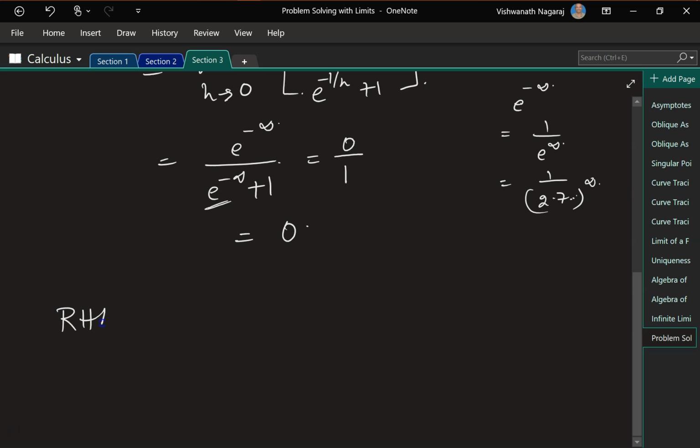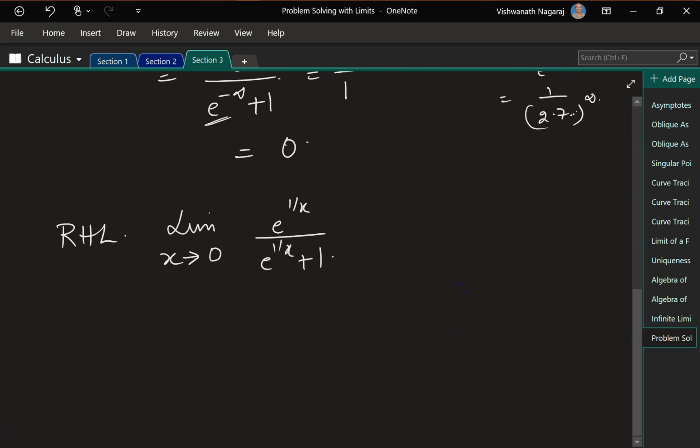Now right hand limit. So limit as x approaches 0 of e to the power of 1 by x divided by e to the power of 1 by x plus 1 can be written as limit as h approaches 0 of e to the power of 1 by 0 plus h.